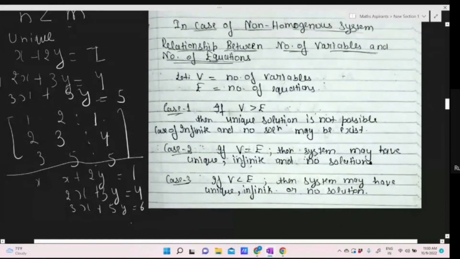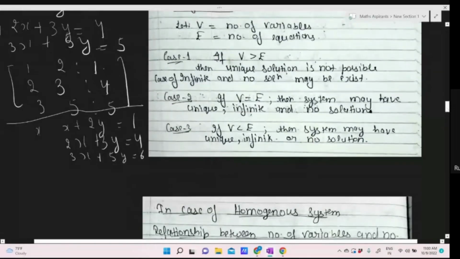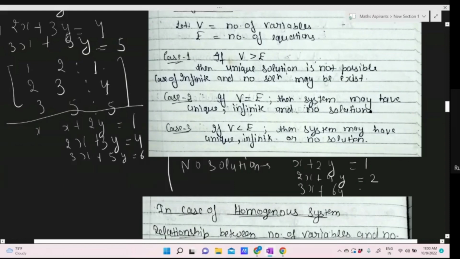For the case of no solution, let us take another system: x plus 2y equals 1, 2x plus 4y equals 2, and the third equation is 3x plus 6y equals 3. After writing this system in augmented form, you can easily check that the first system will have infinitely many solutions and this system will have no solution.